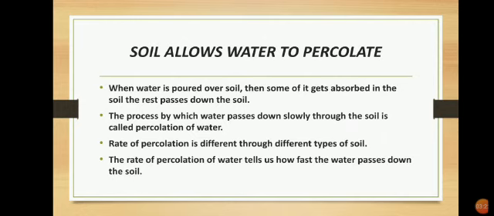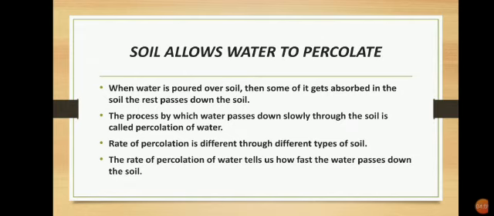Now, if in your exam a question comes asking what is percolation of water and what is percolation rate of water, remember these two are different things, and the definitions will be different. What is percolation of water? The process in which the water passes down slowly through the soil is called percolation of water. And what is percolation rate of water? The percolation rate of water in a soil is the volume of water in milliliters which passes down the soil per minute.